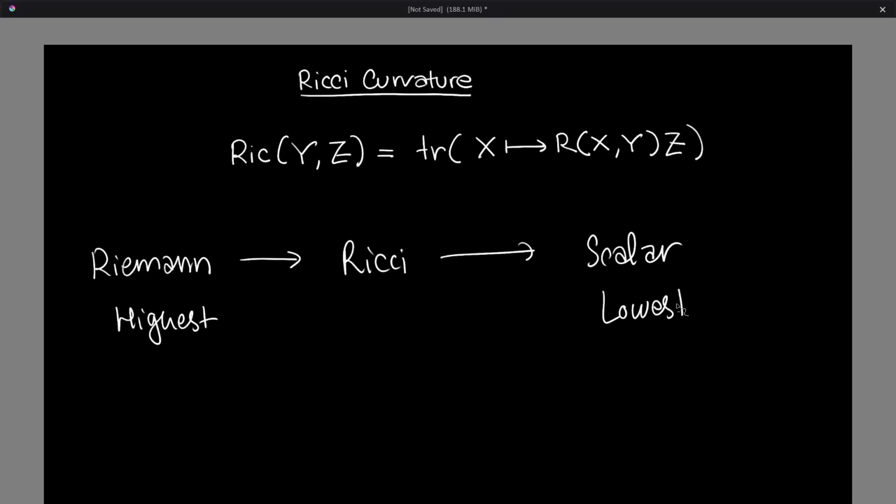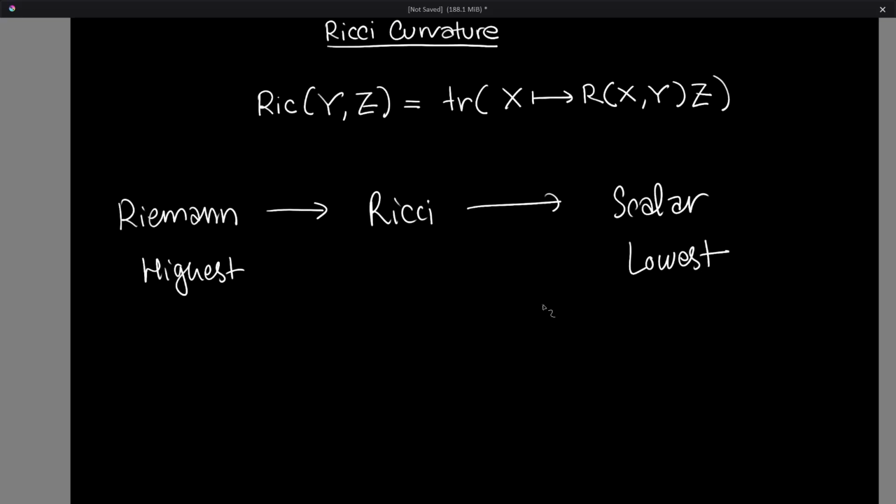So the scalar curvature is the lowest resolution form of the curvature. So these are going to be important. The reason we're talking about the Riemann curvature and the Ricci curvature is because they're going to pop up when we talk about Calabi-Yau manifolds, because the Calabi-Yau manifolds are actually Ricci flat. And so these kinds of curvature are going to become important when we talk about them.